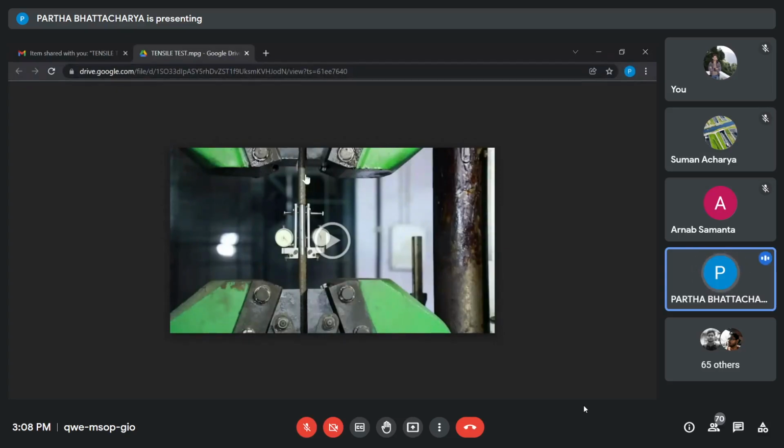This machine will pull the specimen apart, that means the specimen will be subjected to tensile loading. This is what we are going to do. Now on this specimen there is an extensometer mounted.